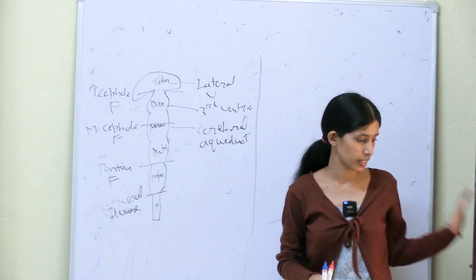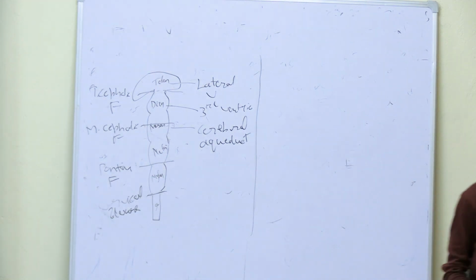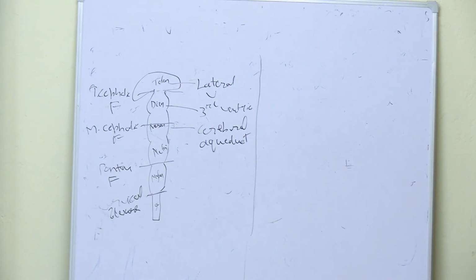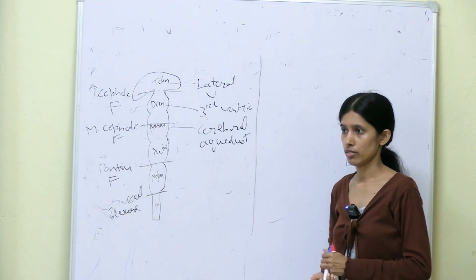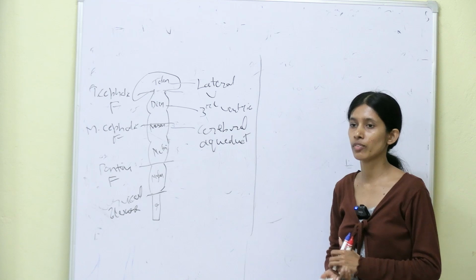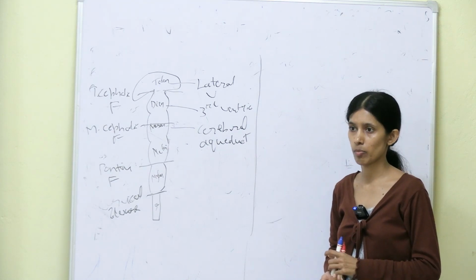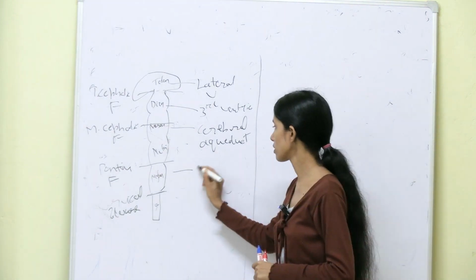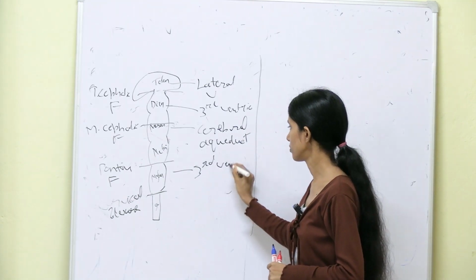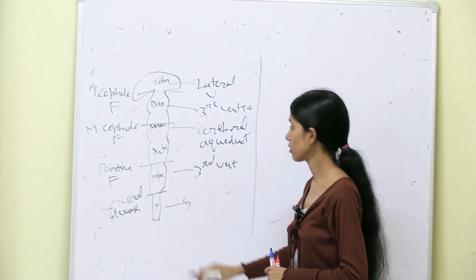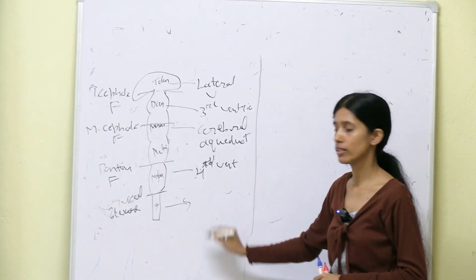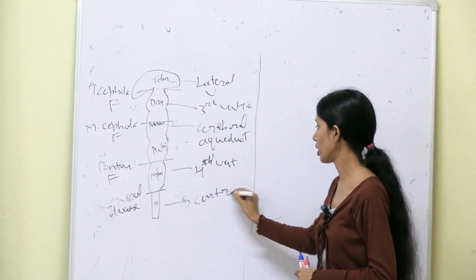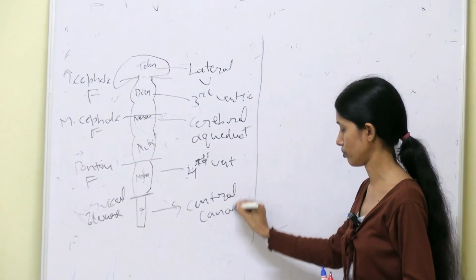What is the another name for the cerebral aqueduct? It is called the aqueduct of Sylvius. Okay. And the last one is the 3rd ventricle, followed by the fourth ventricle, okay. Followed by the central canal in your spinal cord region.